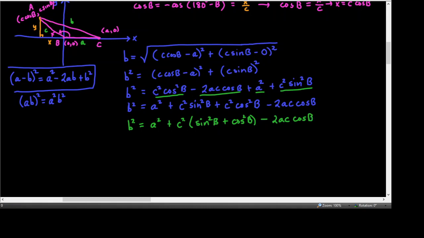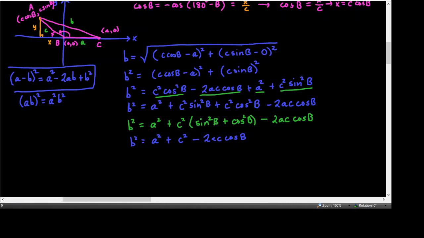And then, of course, we're going to now use an identity that says that sine squared b plus cosine squared b is equal to 1. And so c squared multiplied by 1 is simply just c squared minus 2ac cosine of b. And that is one of the forms of the law of cosines.